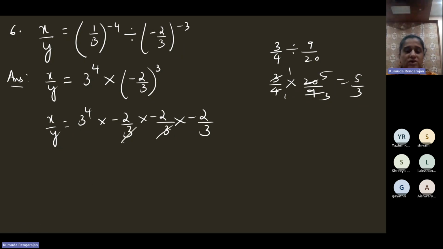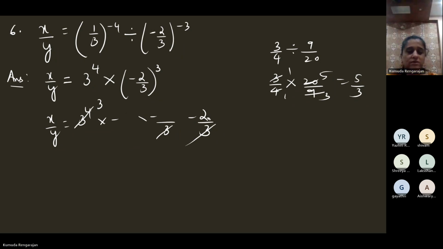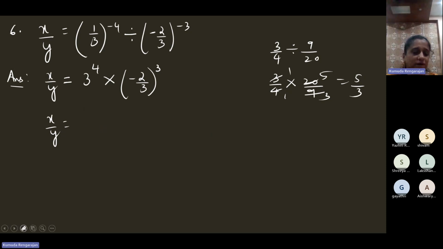So you can cancel the 3's. There are 3 3's here and there are 3 3's here also. One 3 will remain. You can do that, but let's try to maintain the exponential form as far as possible.